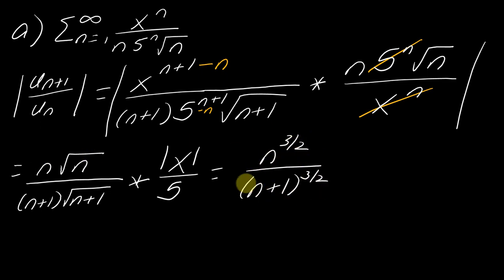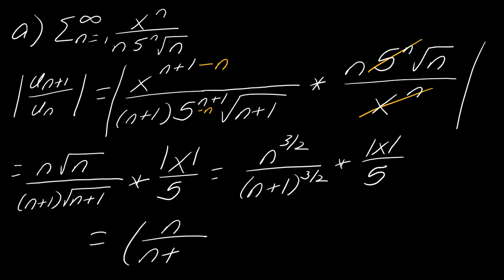I can rewrite my n's like this, and then I've got the absolute value of x over 5. Then I can shorten this again to be n over n plus 1 to the 3/2, times the absolute value of x over 5. I like to compress this and put all the n's together as much as I can because I do have to take the limit of this.